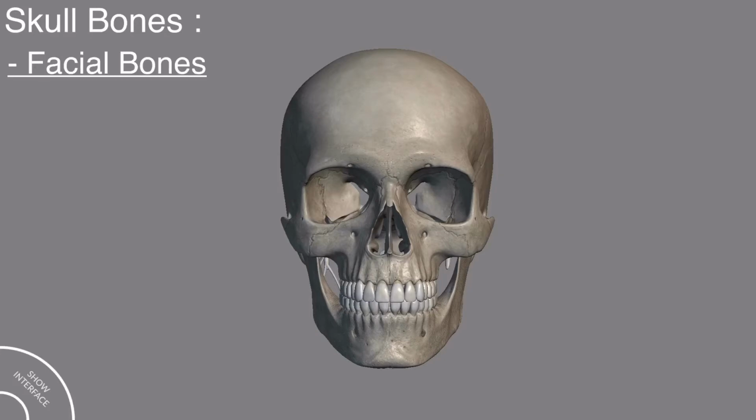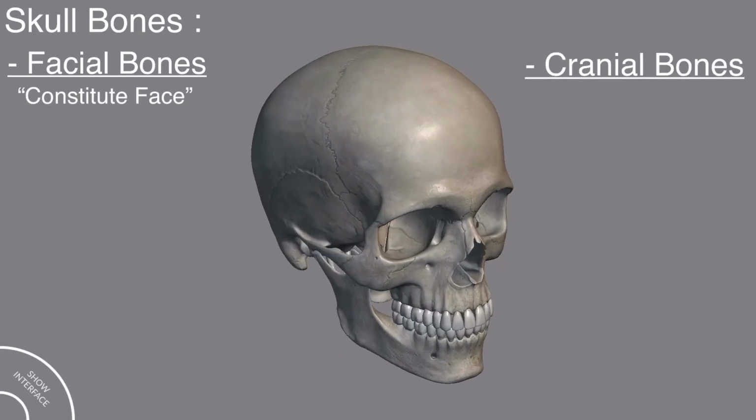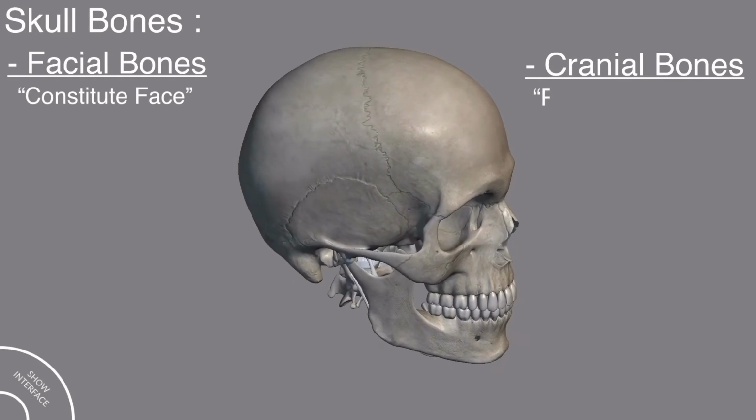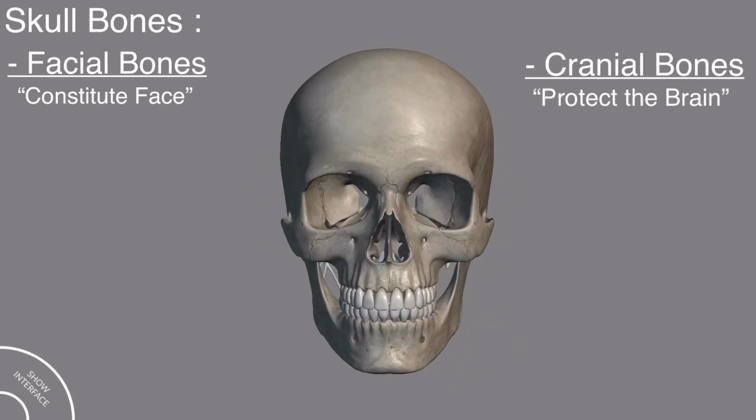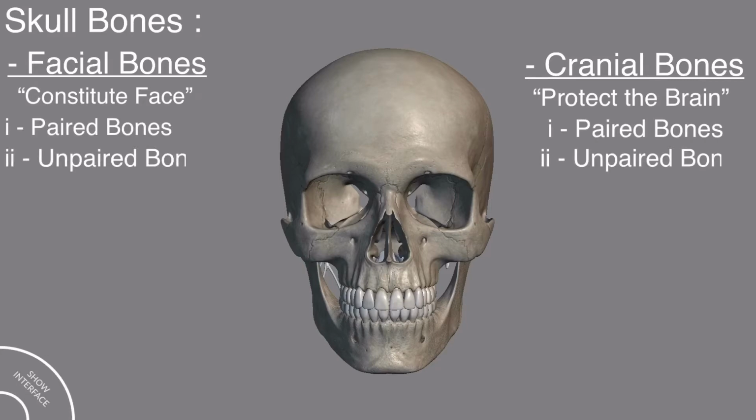Facial bones are those bones which form the face, while cranial bones are those bones which form a protective covering around the brain. And we have further subdivided the facial and the cranial bones into paired and unpaired bones.